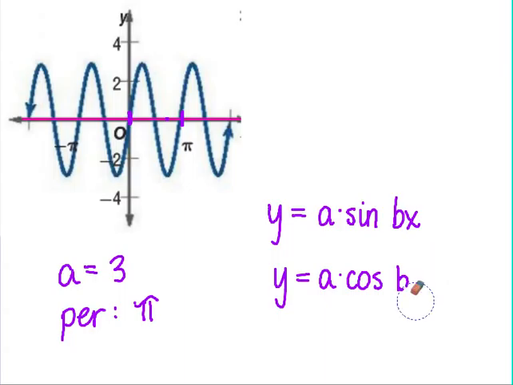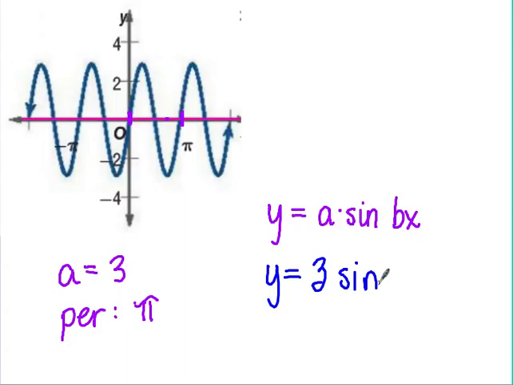So we can eliminate the cosine. So if I start to fill in my necessary numbers, I get 3 sine. Oh, I don't know what b is. So when we think about b, what do we know about b?